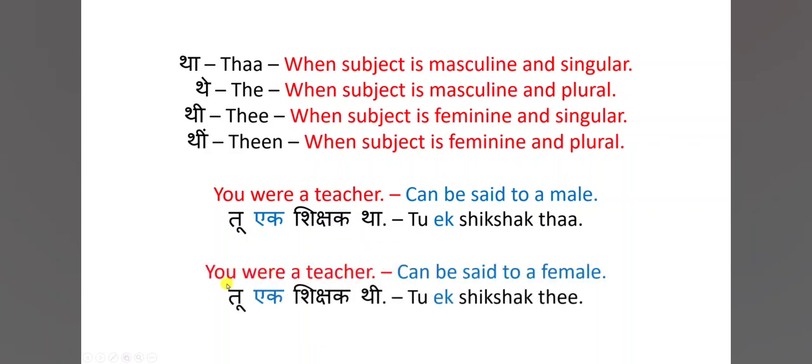If we want to say this sentence to a female, then we will have to say तू एक शिक्षक थी. तू एक शिक्षक थी. Here thi is used for were because we are saying this to a female.